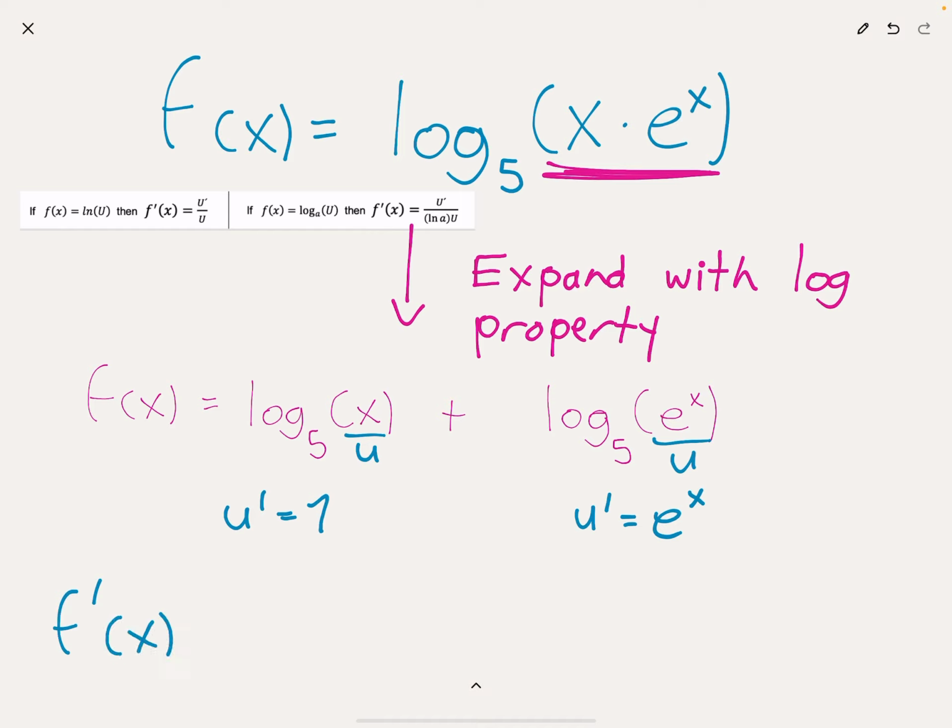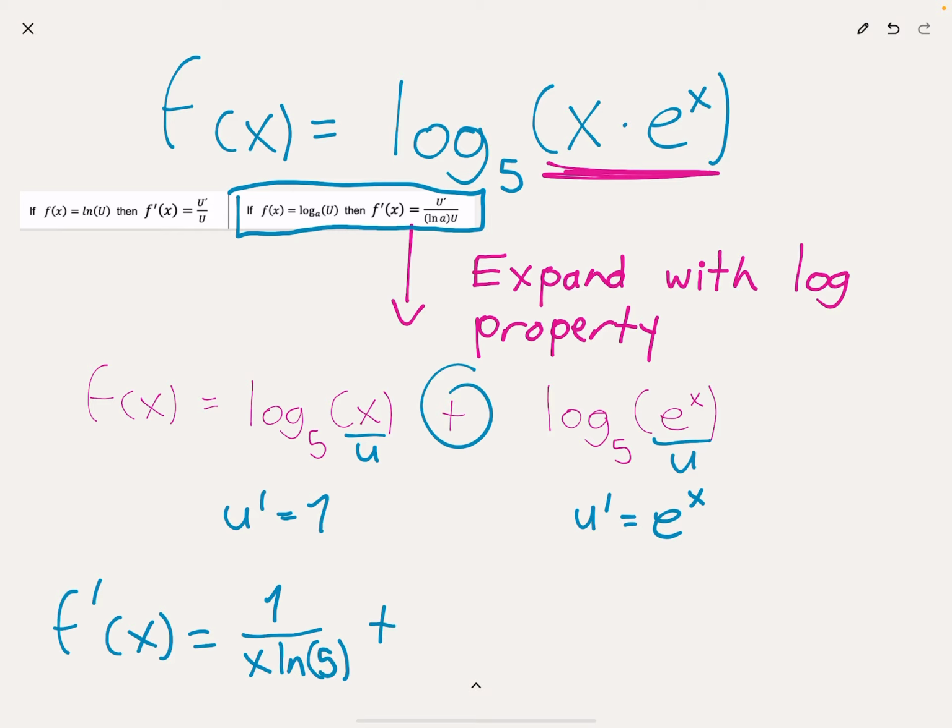For the derivative of x, I'm just following this formula, okay? I'm just going to write the derivative of the argument over the argument and this natural logarithm. So we would have 1 over the argument x, natural logarithm of the base 5. And then plus, because this plus makes the second one a different derivative, right?